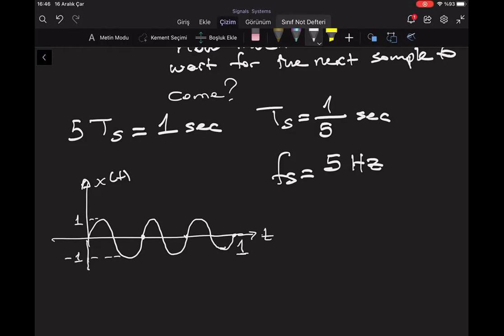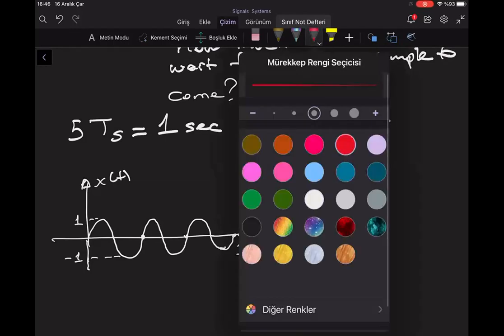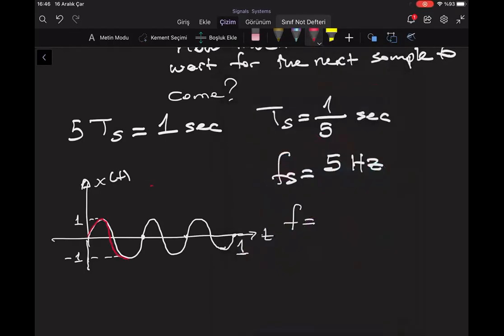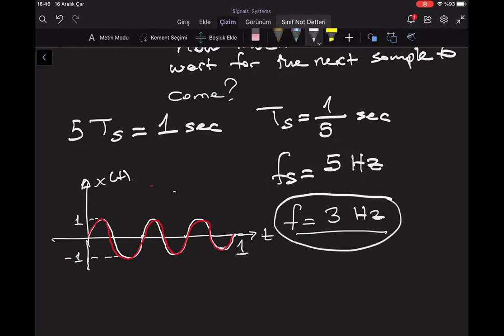What is the frequency of this periodic signal? 1, 2, 3. For 1 second, I have 3 cycles, right? So that means my signal's frequency is 3 Hertz. Right, friends? This is not the sampling frequency. This is the frequency of my periodic signal. You understand what I mean?